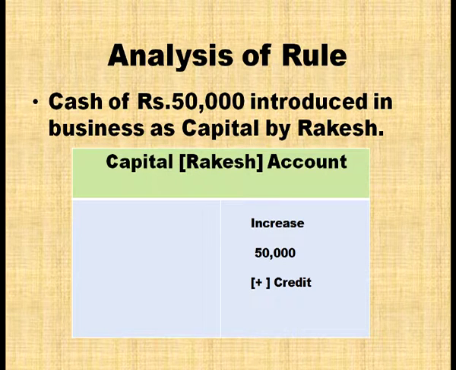Cash of rupees 50,000 introduced in business as capital by Rakesh. This is another transaction. Cash being an asset is increased. Rule for asset account, asset when increased it is debited. Capital is coming inside the business. Rule for capital account, when it is increased it is credited. So, capital account is credited.